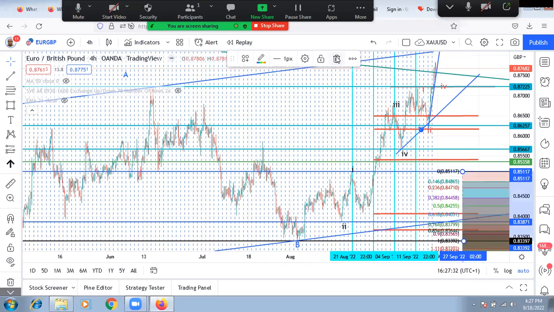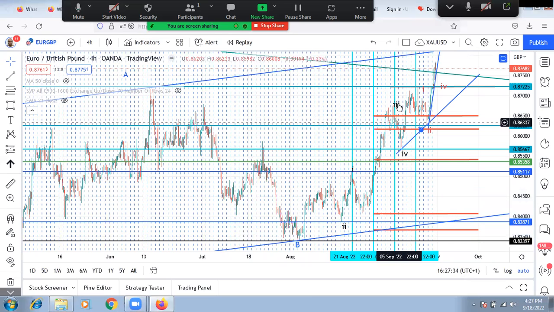Now, 3 also ran up from 1 to 2. If you do the extension here, it has broken above 161.8. So this qualifies for what? For a wave 3, and of course this also qualifies for a wave 4 before we now have a 5. So wave 5 finished up here.